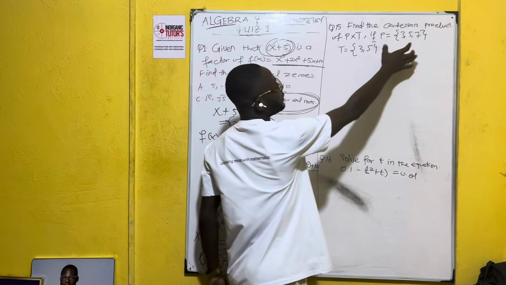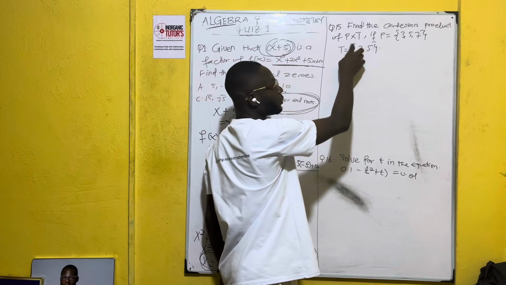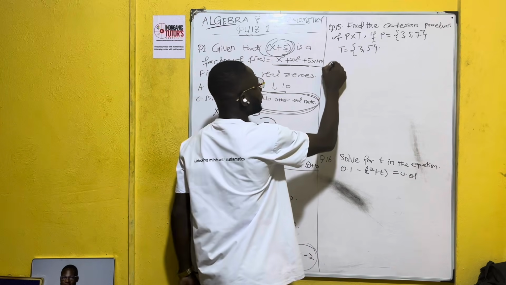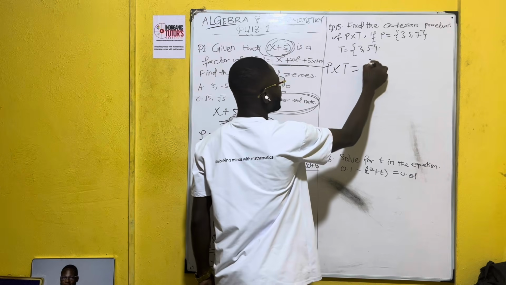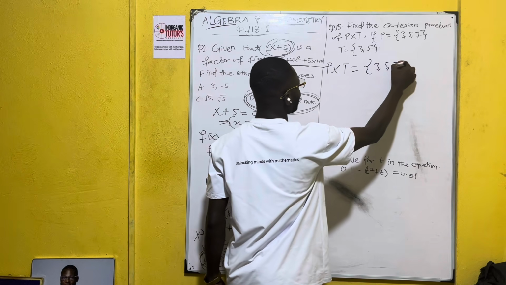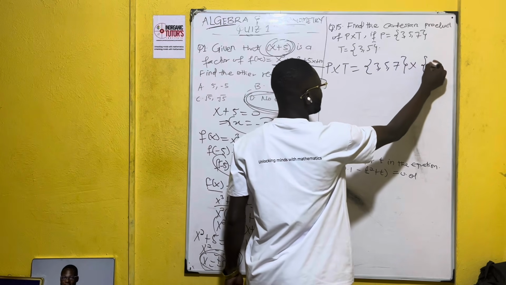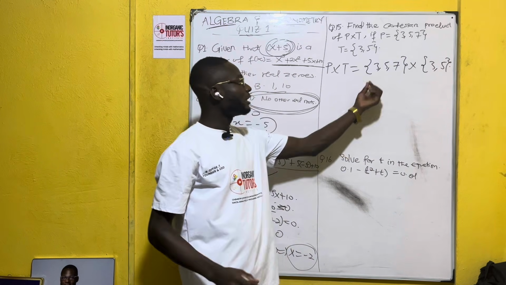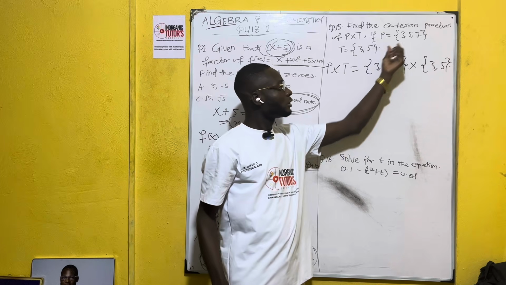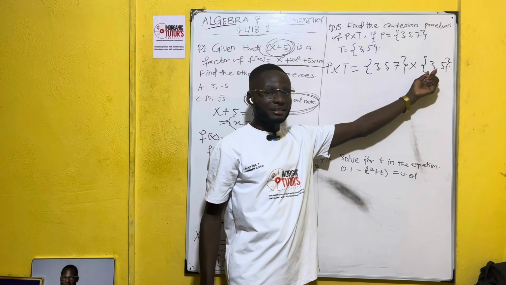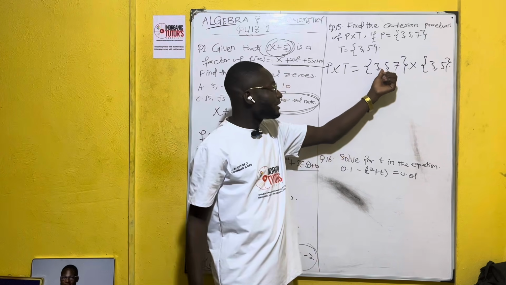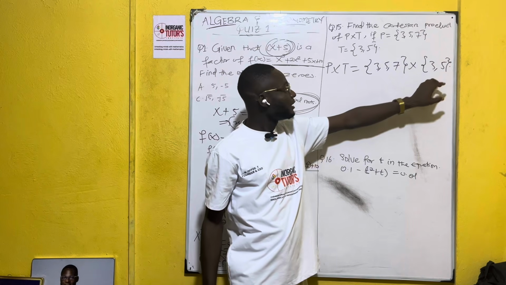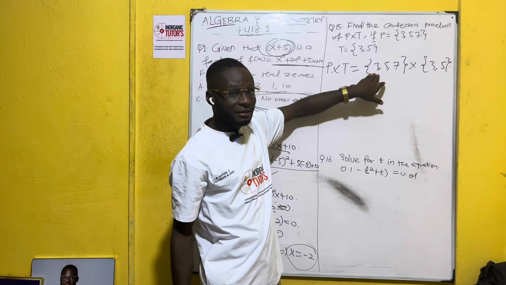These are the sets given, and we want to find the cross product of P and T. So P cross T is equal to {3, 5, 7} cross {3, 5}. As usual, the first element in the first set is paired with the first element in the second set, then with the second element in the second set. Then that completes the first element in the first set.